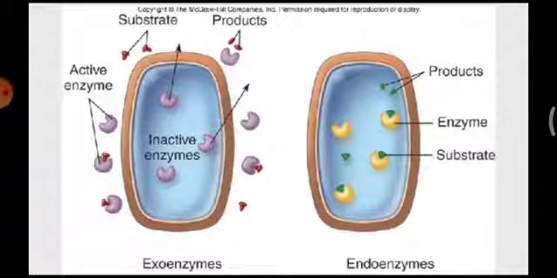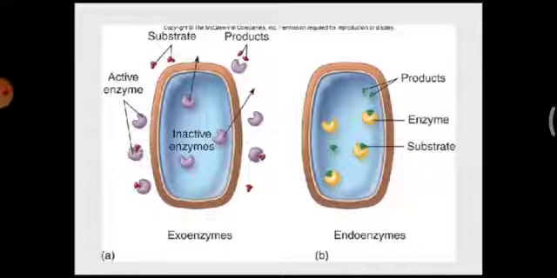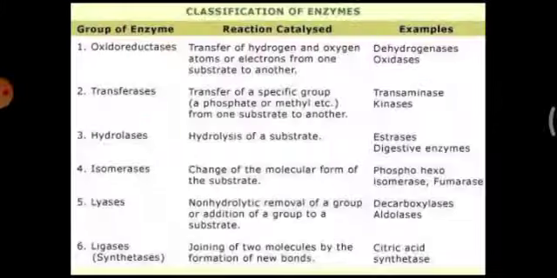There also they are combining with substrate to form product. Since these enzymes are within the cell, they are called endoenzymes or intracellular enzymes. This classification is basically on the basis of location of active enzymes, whether they are outside, exoenzymes, or inside, endoenzymes.